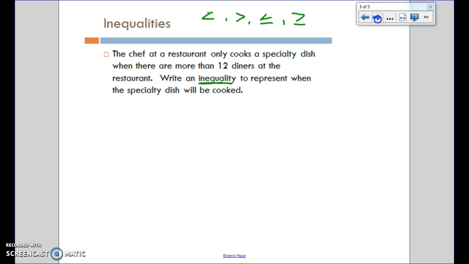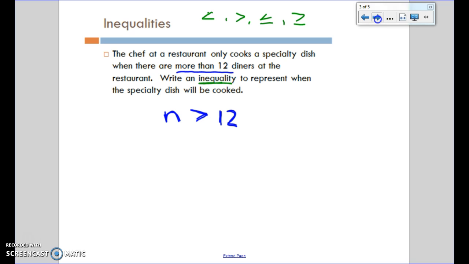Again, I'm going to underline the key words: only cooks a specialty dish when there are more than 12 diners at the restaurant. If we don't know how many are at the restaurant, we're not going to start cooking until there's more than 12. However many there are needs to be more than 12. That's when the specialty dish will be cooked.